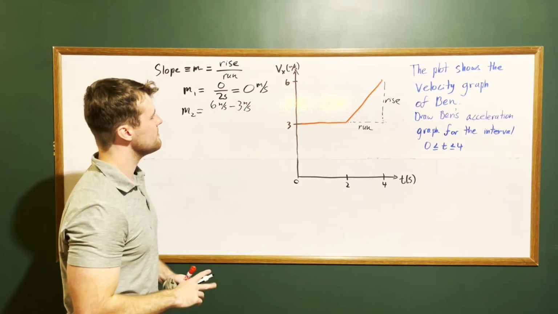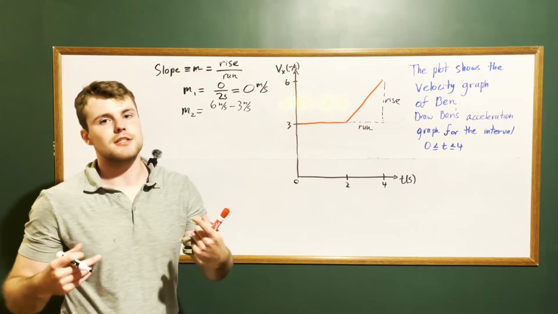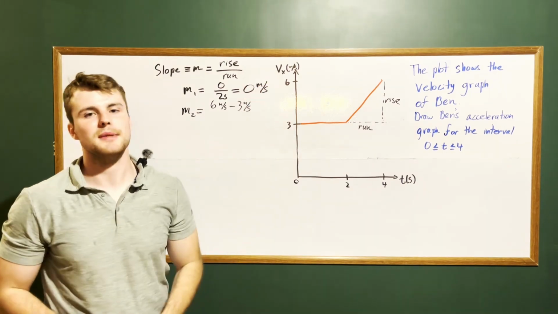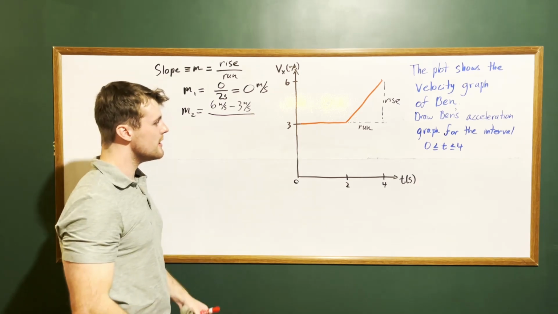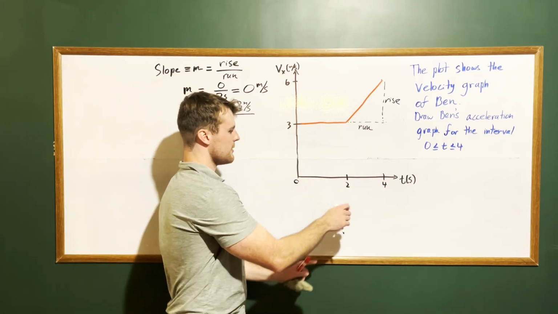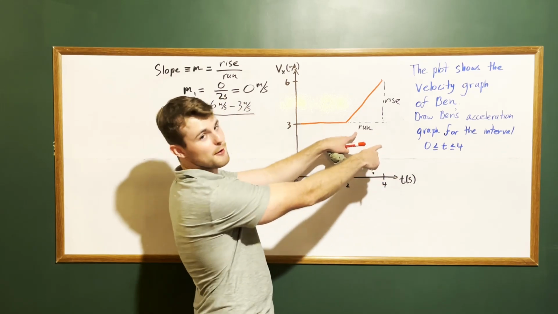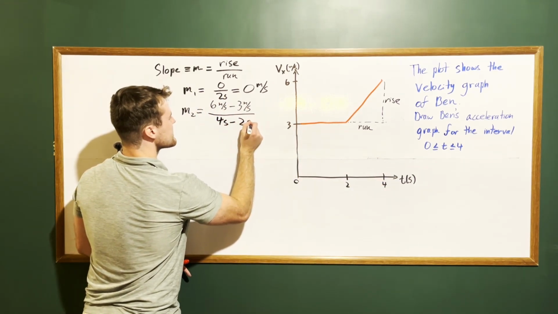It's meters per second because we're doing rise first and we're working with the y-axis, and our y-axis just describes velocity, which has units of meters per second. Divided by our run, which is just this time segment minus this time segment. So 4 seconds minus 2 seconds.